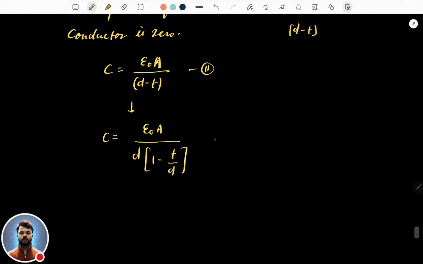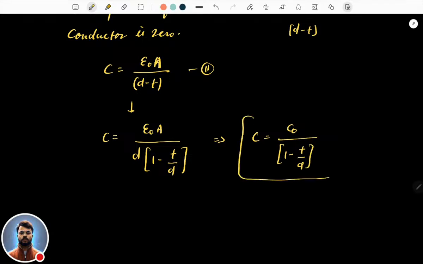Replacing this term with C naught, we get C is equal to C naught over 1 minus T over D. This is the basic relation.